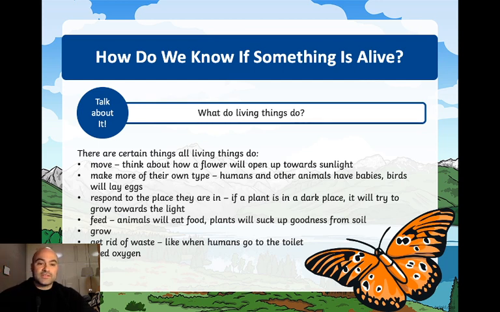Okay, let's look at this part. Respond to the place they are in. If a plant is in a dark place, it will try to grow toward the light. So, a thing that is alive responds to where they are, okay? So if you and I are outside on the beach in Greece or Spain or Croatia, and the sun is really hot, do we stay there?